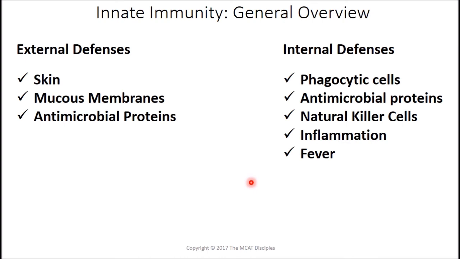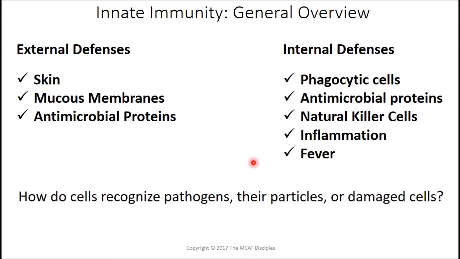Fever is induced by tumor necrosis factor binding in the hypothalamus, increasing the temperature set point of our hypothalamus. So the question, and something that sometimes doesn't even dawn on people, is how do the cells recognize pathogens, their particles, or damaged cells, and how do they do it non-specifically when we're talking about the innate immune system?